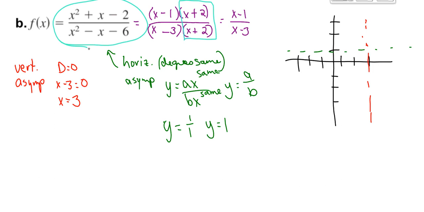We'll discuss this later, but when x equals -2, it's still undefined. What we'll find is that we'll have a hole someplace in our graph, which is just a little opening that has an undefined value but doesn't have an asymptote at that point.